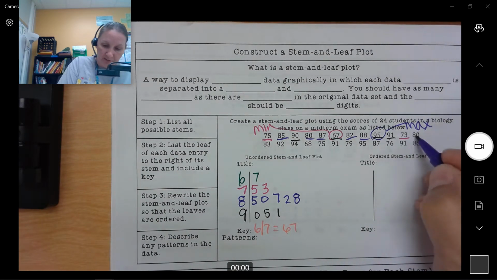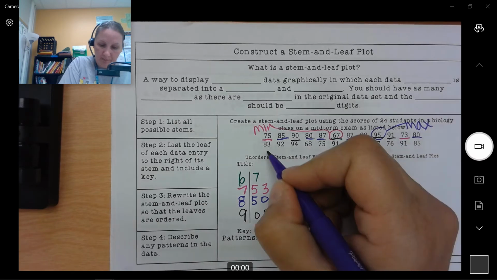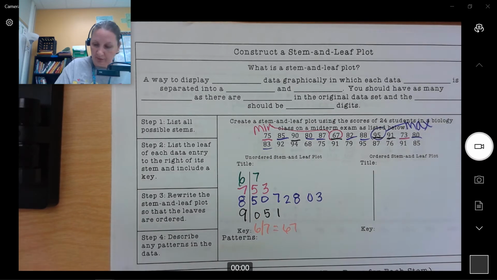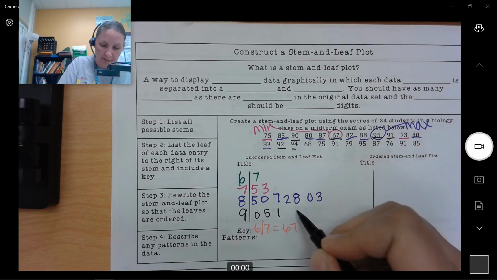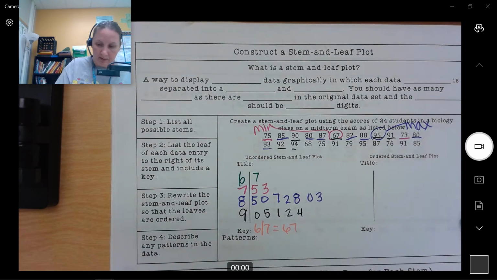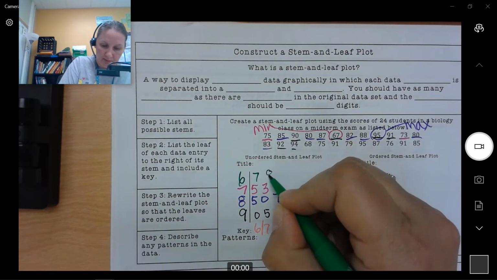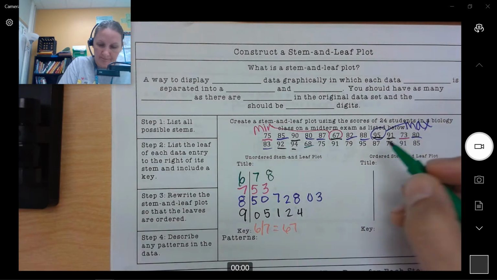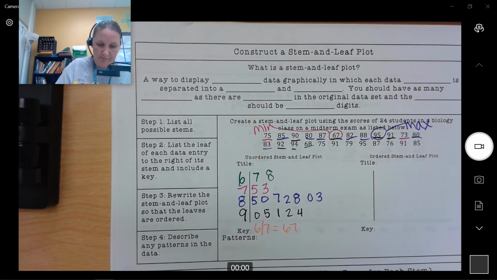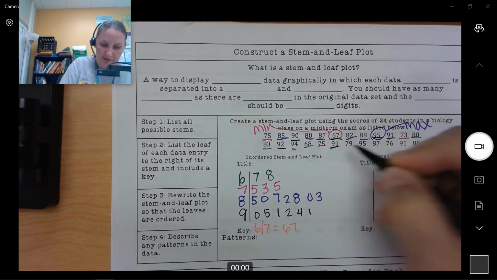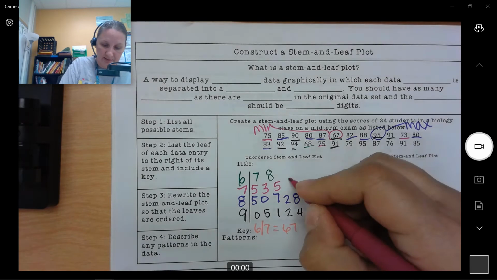So we're just going to keep on going through that until we get all of our numbers done. And it's real important you tick them off as you go. That way you don't accidentally write one down twice.